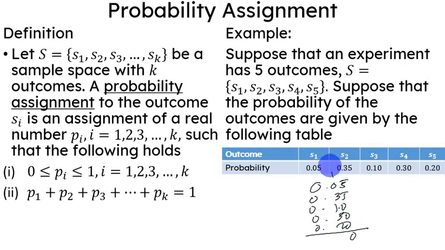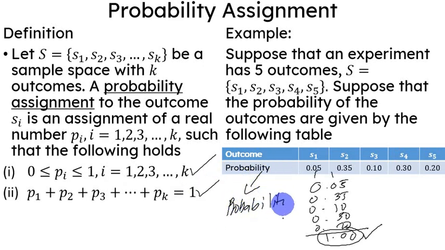Then that's 3, 4, 5, 5, 10 also, and 1. So all are in between 0 and 1. When we add all of them, it becomes 1. So therefore, this is an actual probability assignment. And therefore, we can further analyze what would be the probability of the specific outcomes.